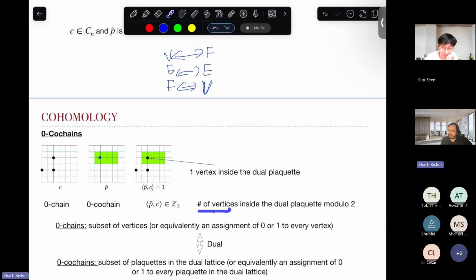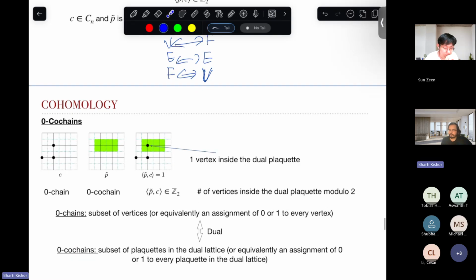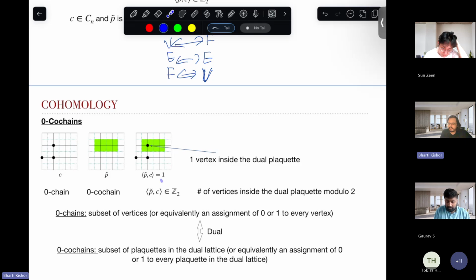So the number of vertices which is inside the dual placket modulo 2. So for example, here this is a zero chain. This is a zero co-chain. The inner product will be 1 because there is just one vertex which is in the overlap.